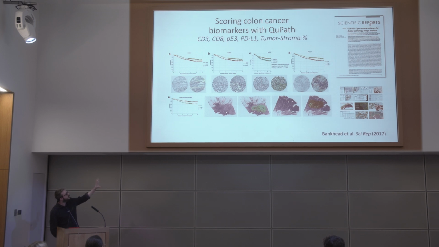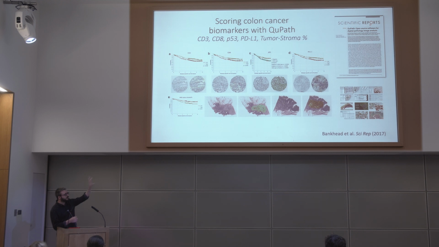In this publication, they were primarily from colorectal cancer patients. And we were looking at different biomarkers, so each of them stained for a different biomarker, and we were showing that we could perform the analysis of these biomarkers in QuPath across thousands of patient samples from about 600 to 800 patients. And we could perform this analysis very efficiently and reproducibly.